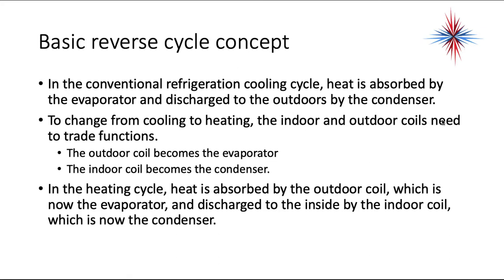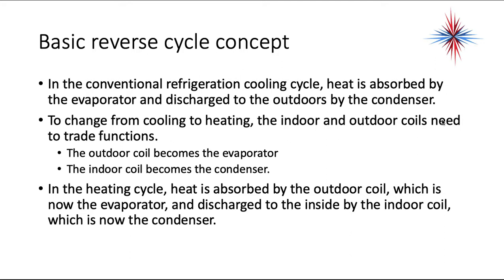So, in a conventional refrigeration cooling cycle, heat is absorbed by the evaporator and discharged to the outdoors by the condenser. To change from cooling to heating, the indoor and the outdoor coils need to trade functions. The outdoor coil becomes the evaporator, and the indoor coil becomes the condenser.